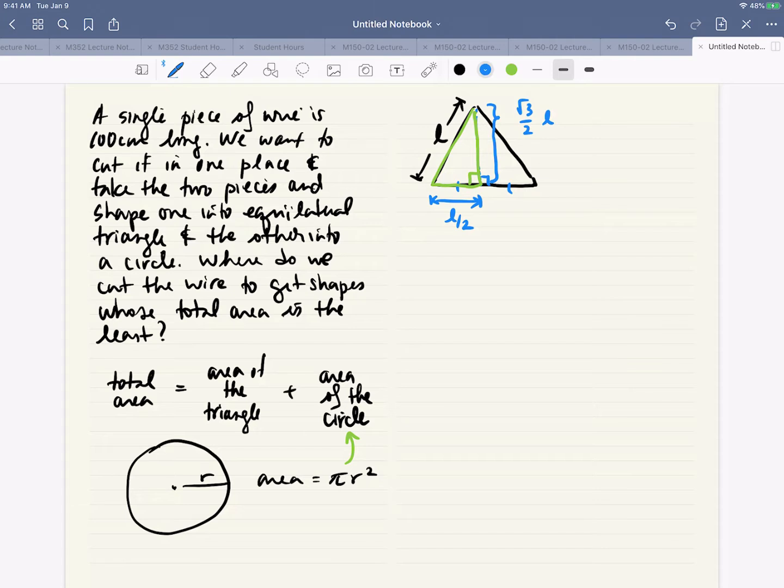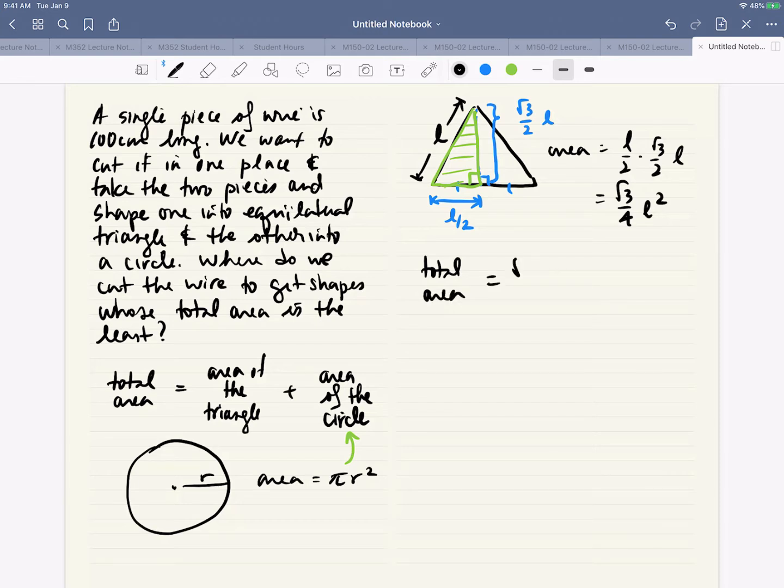But that length there is going to be root 3 over 2 times L. So the area of my green triangle here is going to be 1/2 its base times its height. But the area of this whole thing is going to be 1/2 its base, i.e. this, times the height. So the area of the triangle I'm looking for here is L over 2 times root 3 over 2 L, or root 3 over 4 L squared.